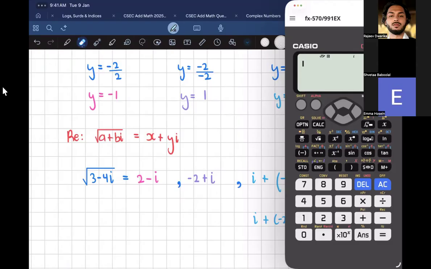Yeah, so it's actually CMPLX. Press 2 for CMPLX.